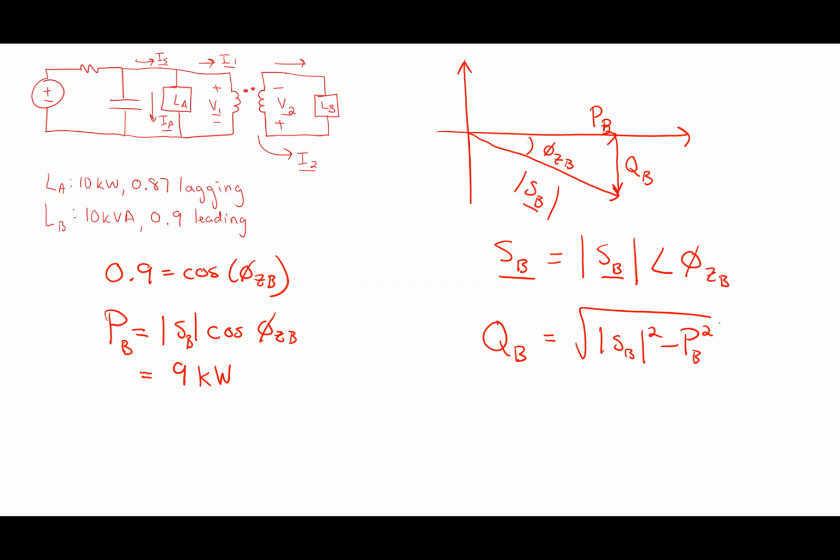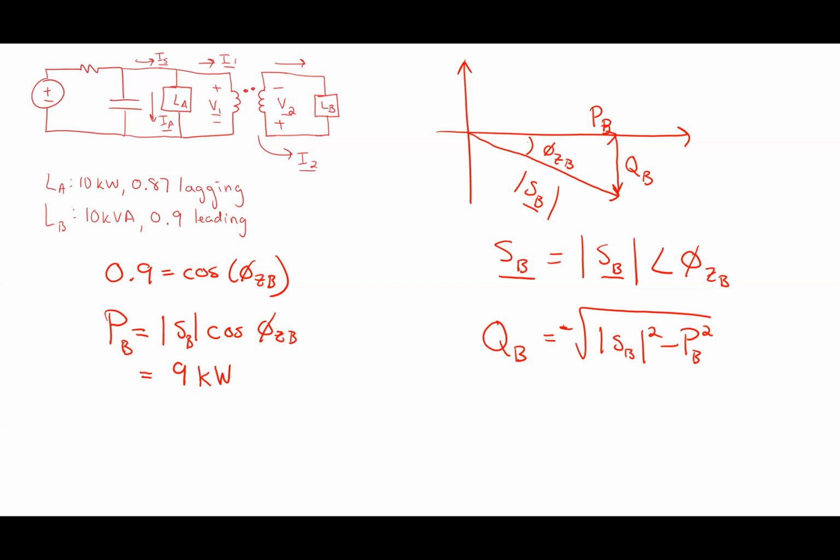Right? Q squared plus P squared equals S squared. Now this is going to give me a positive number, so I'm going to have to forcibly make it negative. So I put a negative sign there because Q is actually going to be negative. I have to think about the fact that it's going to be negative.